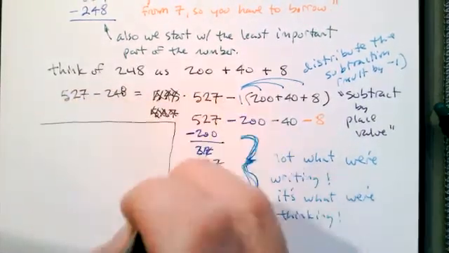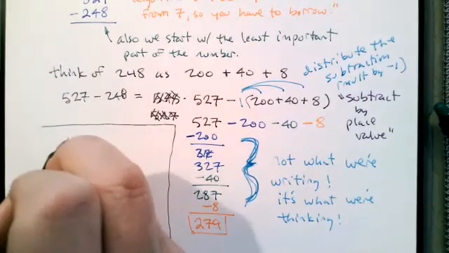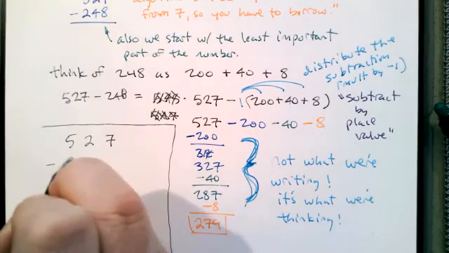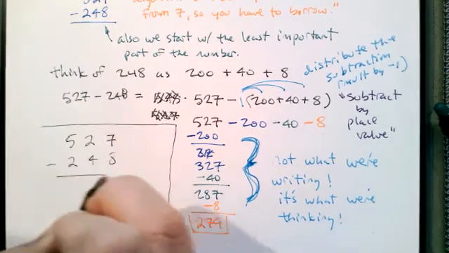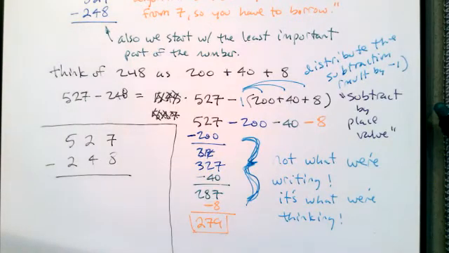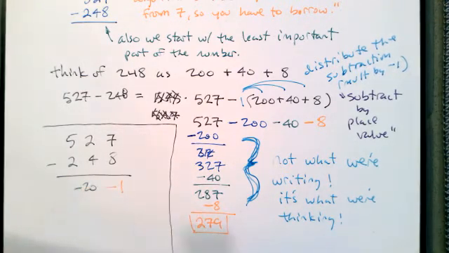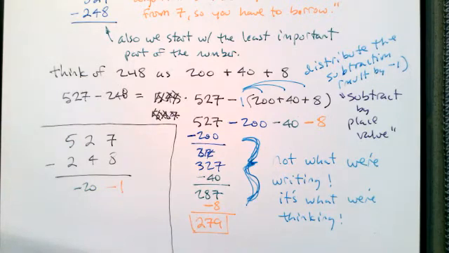Carve out a separate thinking pad over here. If I want to do 527 minus 248, let's subtract by place value. 7 minus 8 is -1. 2 minus 4, this is not 2 and 4, that's 20 minus 40. 20 minus 40 is -20, because 2 minus 4 is -2.